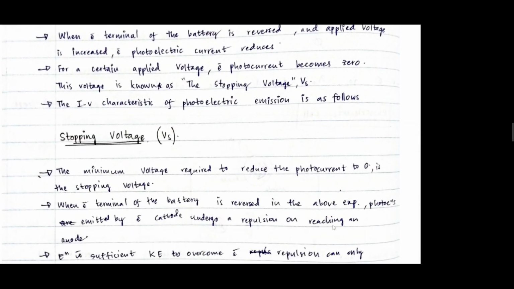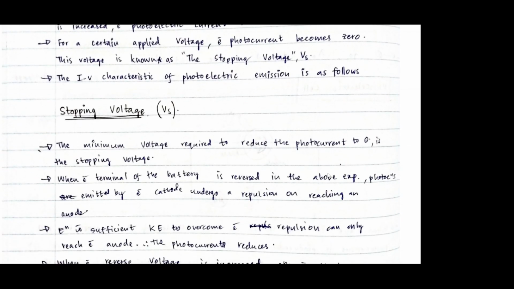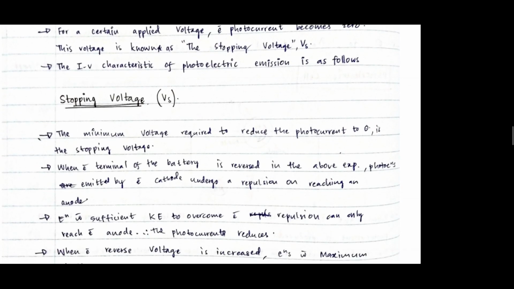Using that, we obtain a graph of I versus the external voltage V. Initially, when the applied voltage is zero, there was a photocurrent. When the applied voltage was increased, the photocurrent increased, and after that it remained constant.